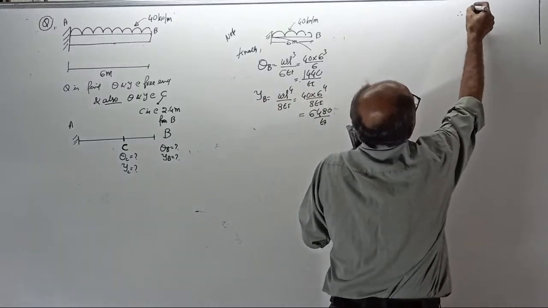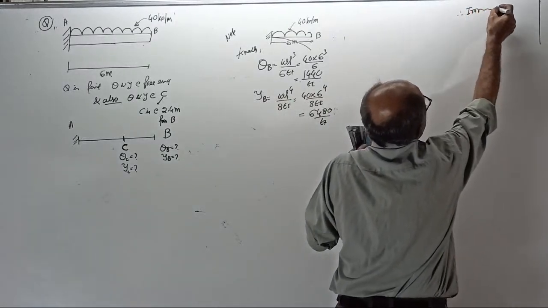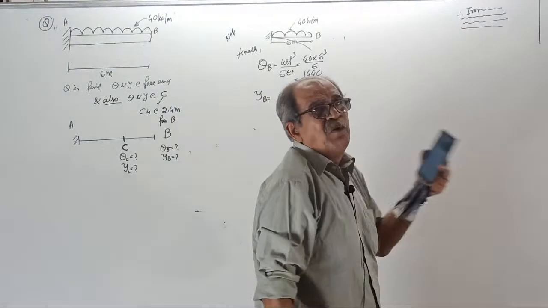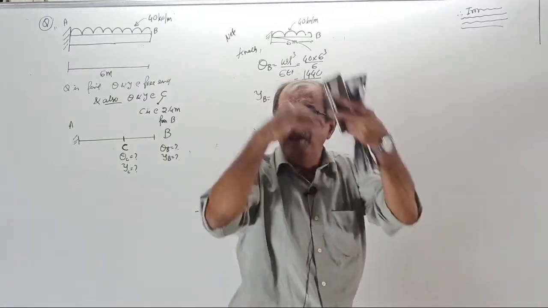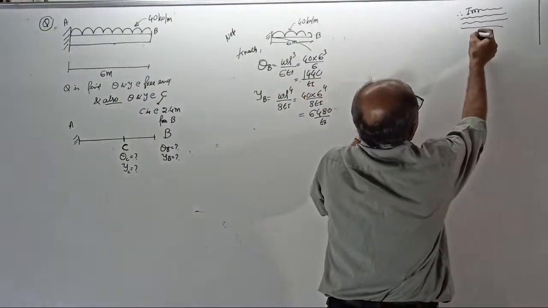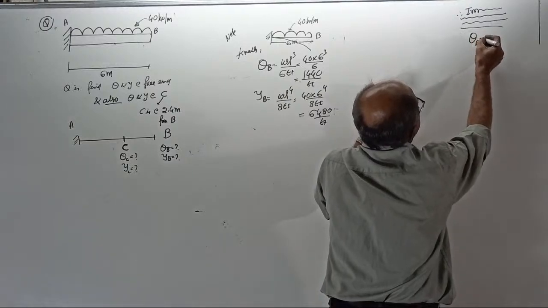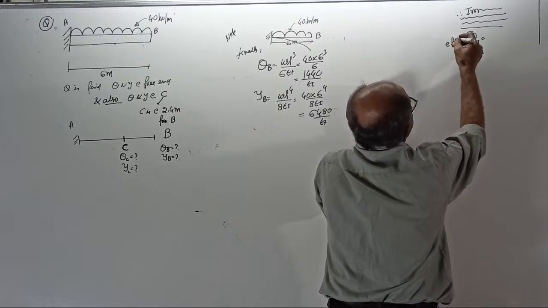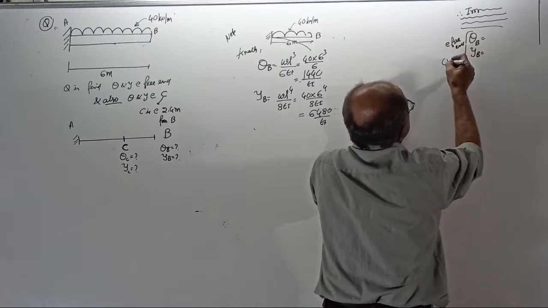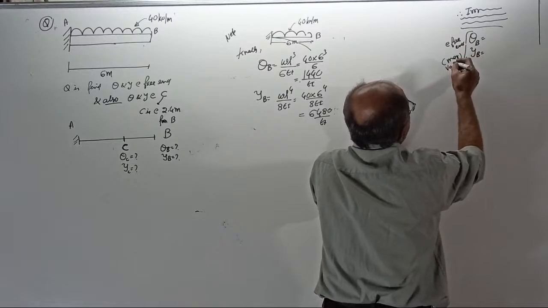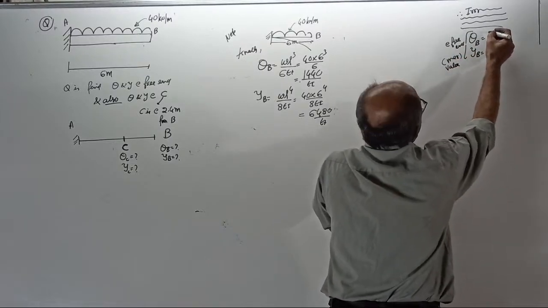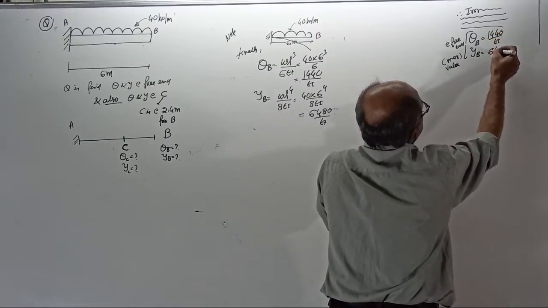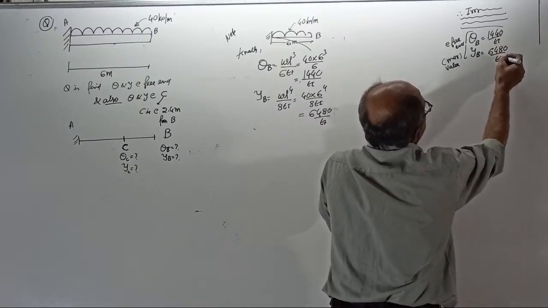Therefore, irrespective of whatever trick you apply, how you solve the problem, cut wherever you want, divide the beam into how many parts you want, lastly your slope at B and deflection at B, that is at the free end, they are nothing but the maximum values. They should come 1440 by EI and 6480 by EI. Okay.